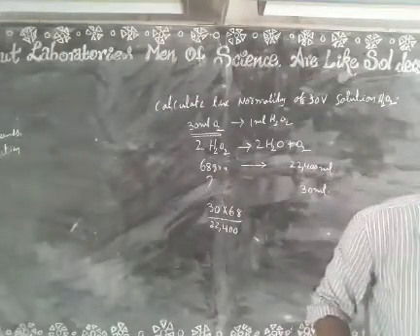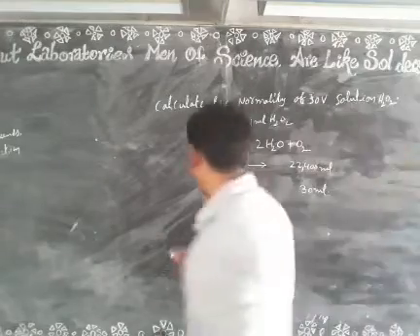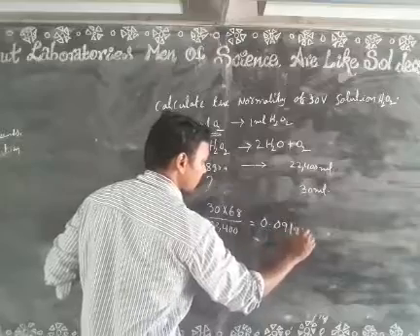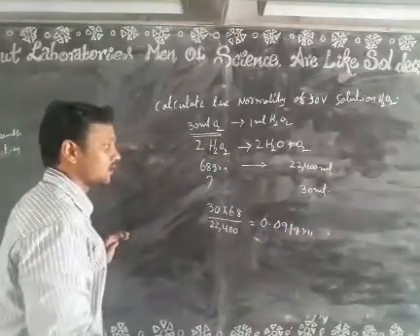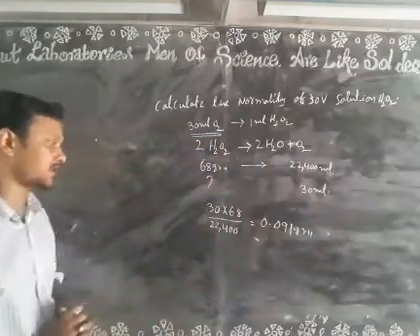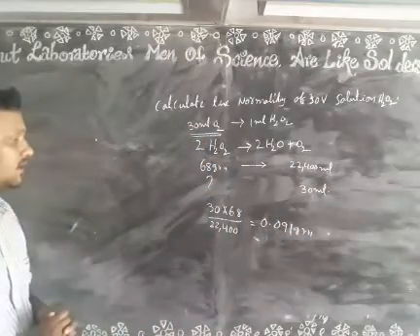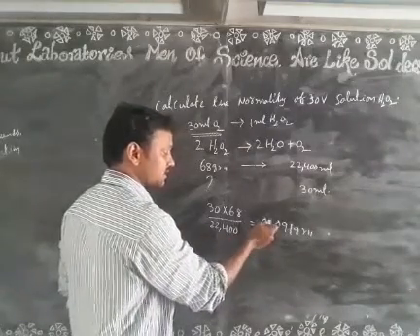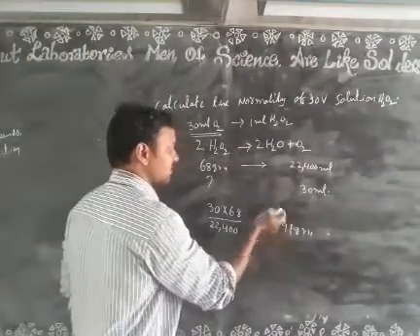If you calculate, you will get 0.091 grams of hydrogen peroxide required in order to produce 30 ml of oxygen.